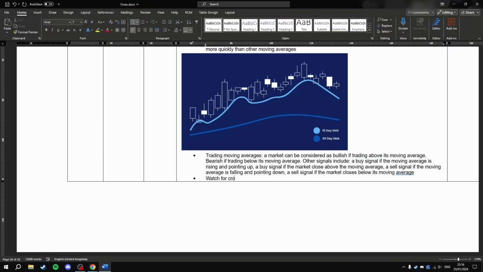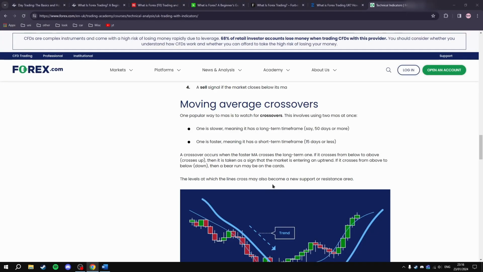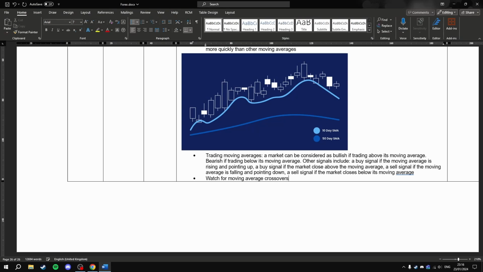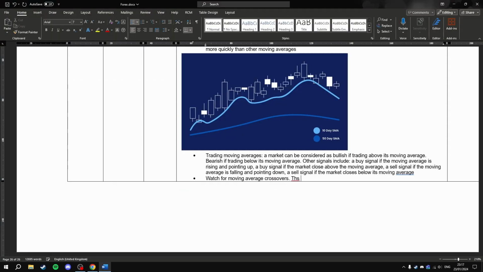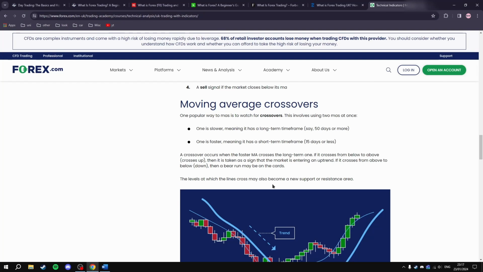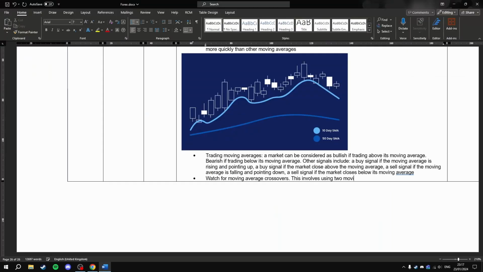Watch for moving average crossovers. This involves using two moving averages at once.